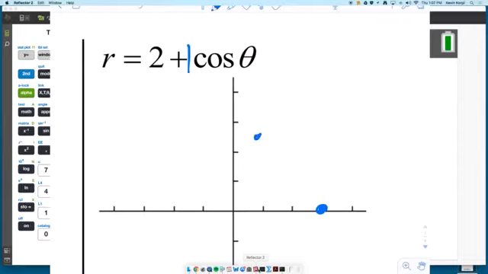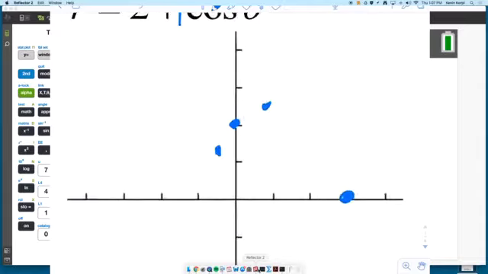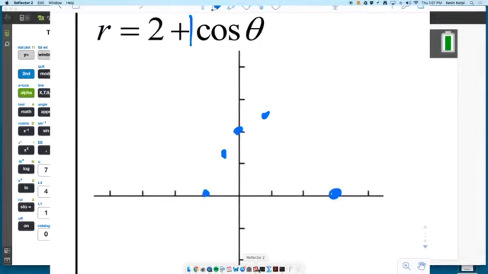And then straight up at pi halves, we get 2. And then over there at 2 pi thirds, we get negative 1/2. 2 minus a half is 1 1/2, so it's going to be right around there. Point due west at pi, cosine of pi is negative 1. 2 minus 1 is what? 1.